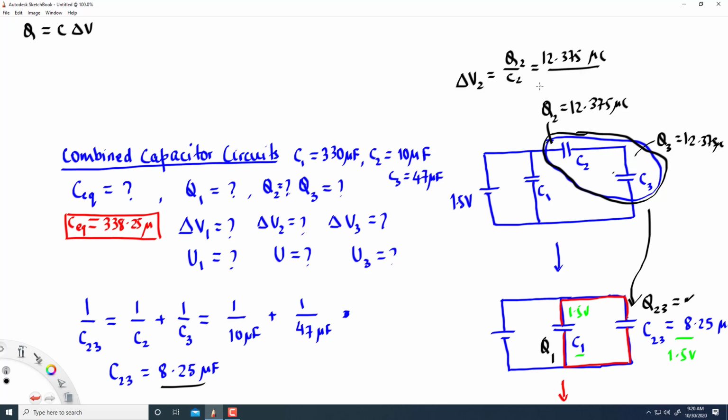C2 is 10 microfarad. You can cancel micro and micro, and that will give us 1.24, or no, not 1.24.